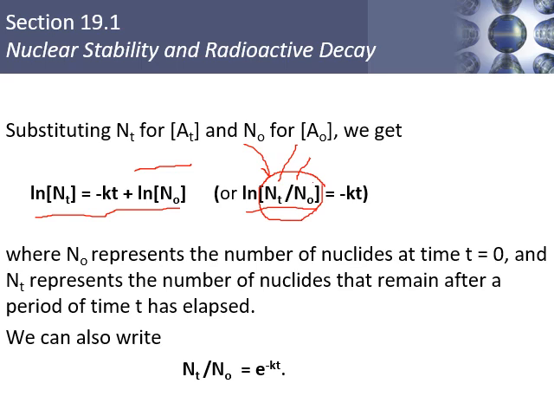In other words, if we started with 10 and now we have 5, because 5 have decayed, then our ratio would be 10 divided by 5. Then we would just take the logarithm of that, and that will equal minus kt. And again, the k would be figured out by using 0.693 divided by the half-life.